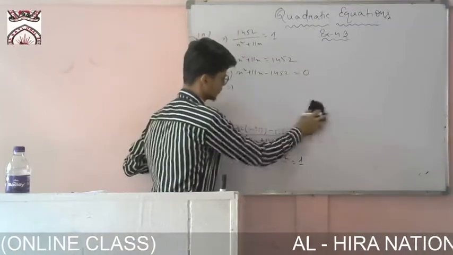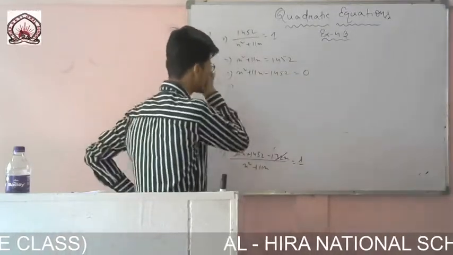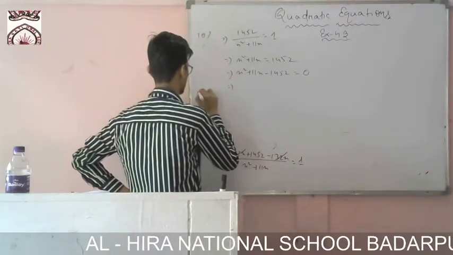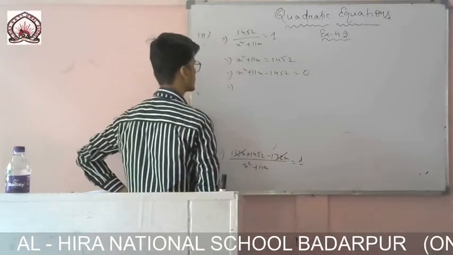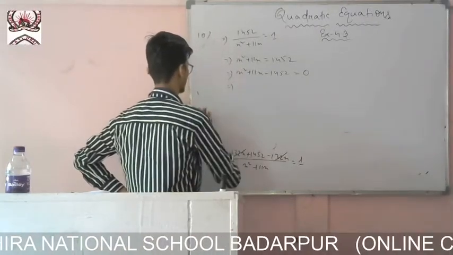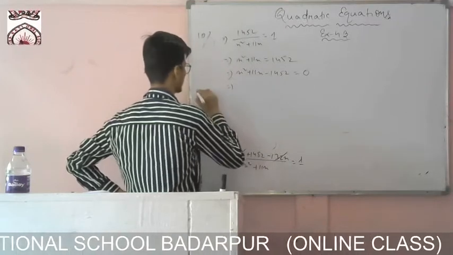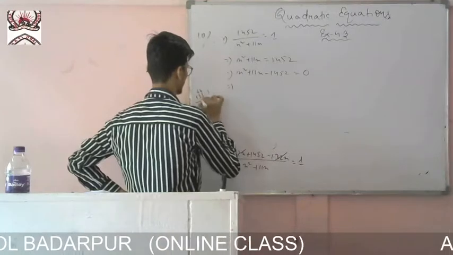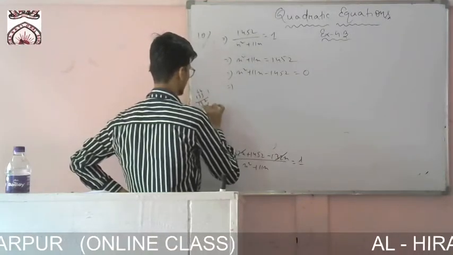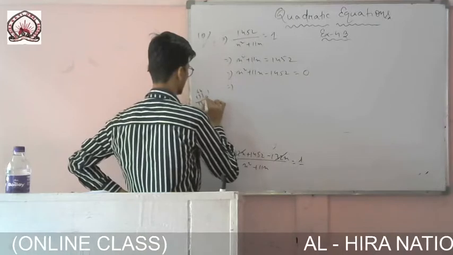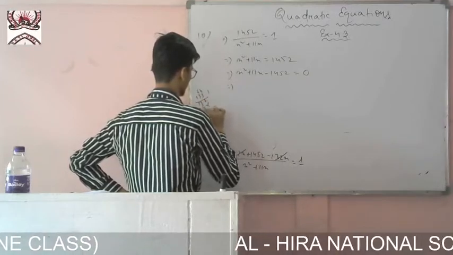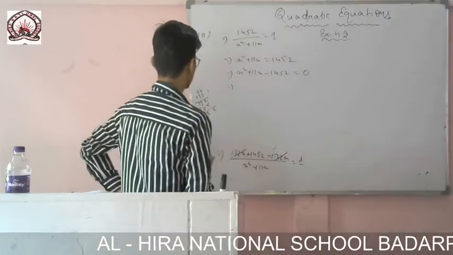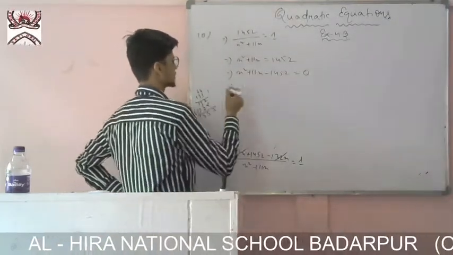So you see 1452, I need 11, no? Yes, I can write 44 minus 33.